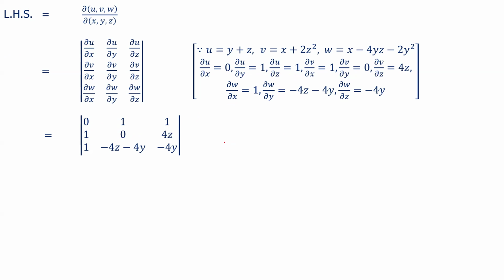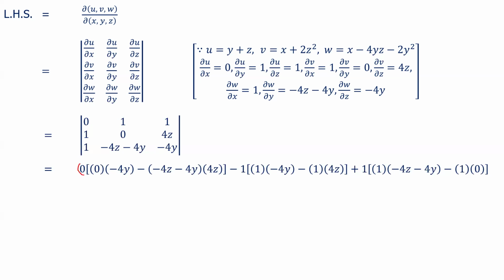Let us try to simplify this determinant. So let us try how to solve this. The first element is 0. Let us leave this row and this column: 0 into (minus 4y minus 4z or minus 4z minus 4y) into 4z. First part is over.